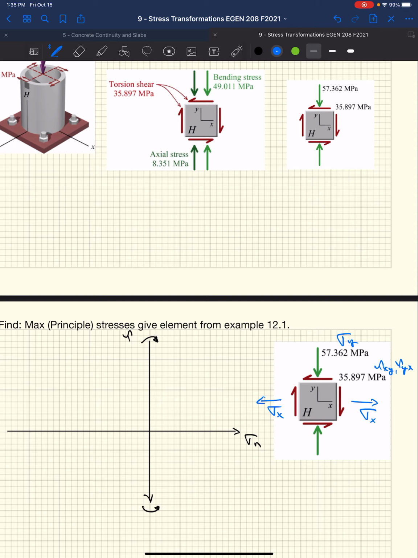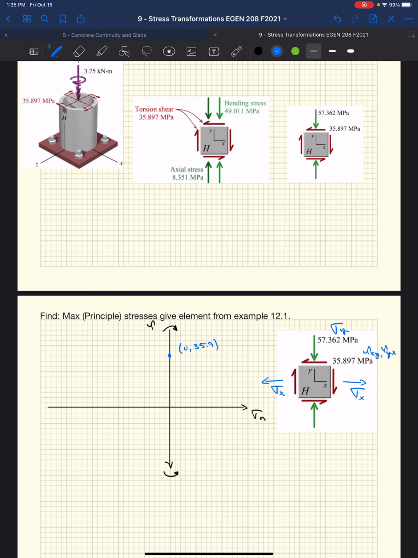So we're on the y-axis, above the x-axis, and the coordinate would be 0, 35.9. That's our sigma x coordinate, or x face coordinate, because we have a sigma and a tau.